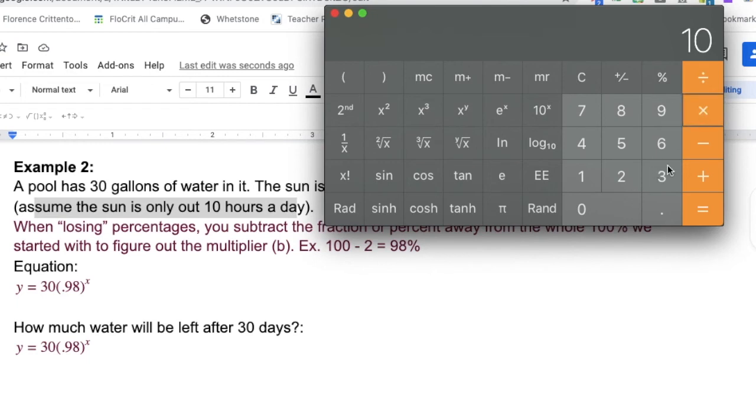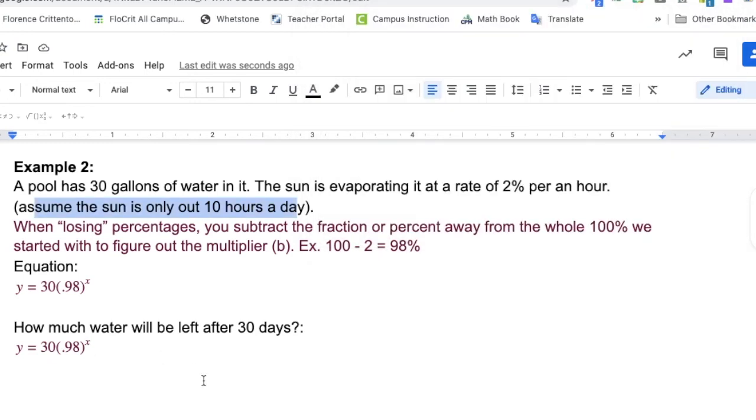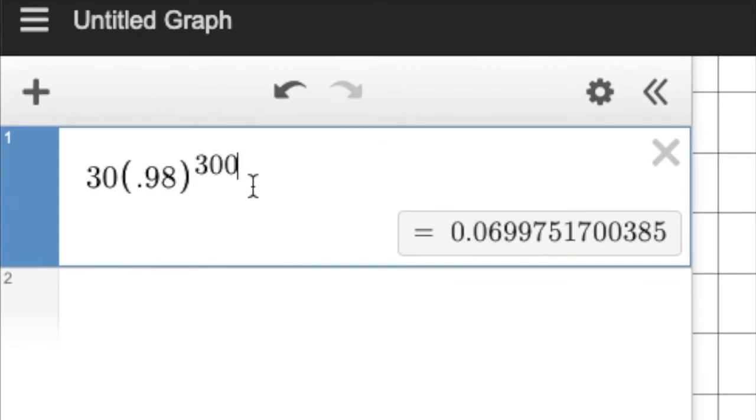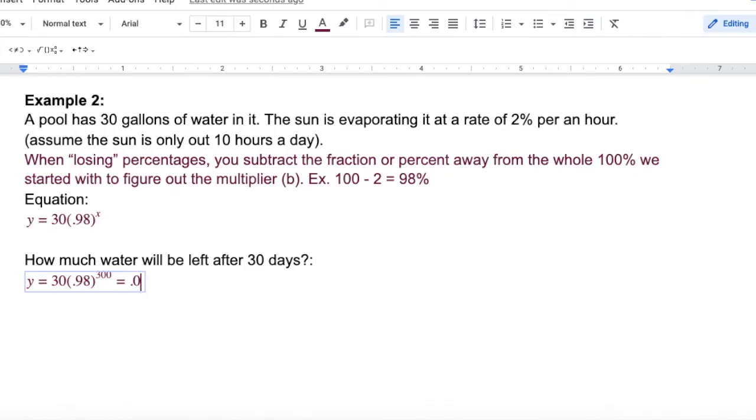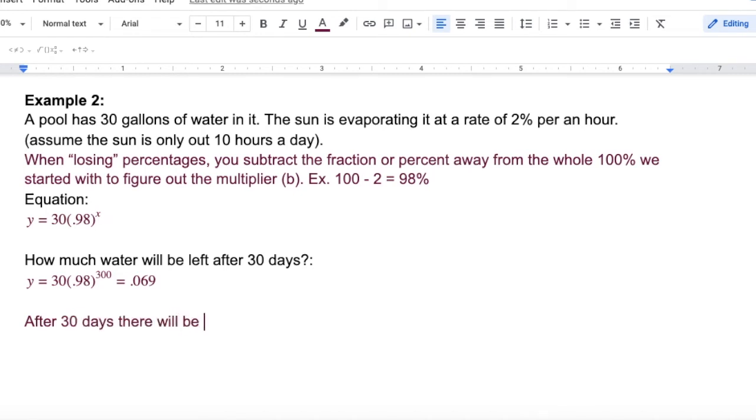I'm timesing it by 30 days going by to figure out that my x has to be 300. And then I'd realize that after 30 days, there's only 0.069 left. So to write my answer in words, after 30 days, there will be 0.069 gallons of water left in the pool.